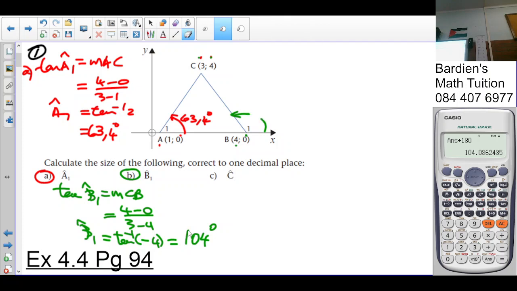Then the question says you must calculate angle C. The exterior angle is equal to the sum of the two interior opposites.